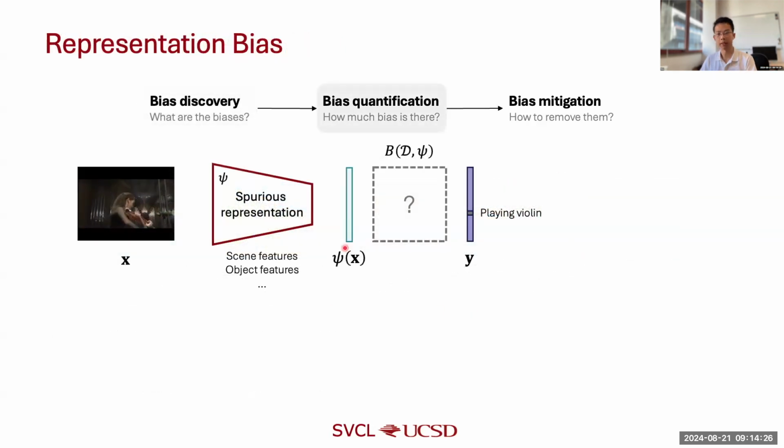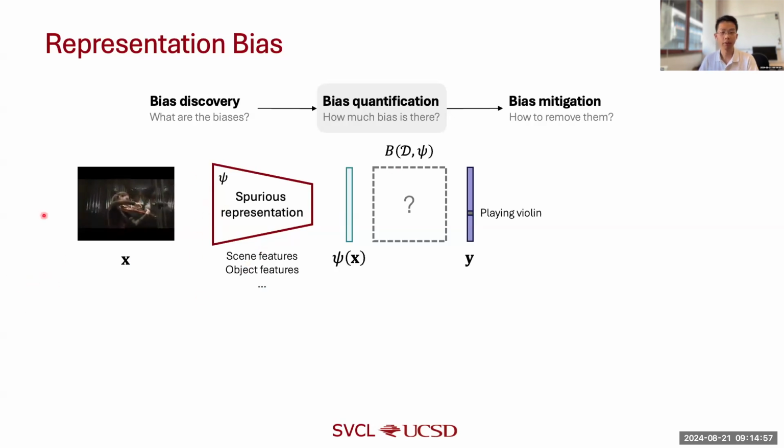So we start by defining a measure of bias in the dataset. We call it representation bias because, as the name implies, it's evaluated with respect to a feature representation. So let psi here be a spurious feature representation that we want to measure the bias for. In video action recognition, this could be scene features, object features, or any static features that are extracted from single frames without including any temporal information.